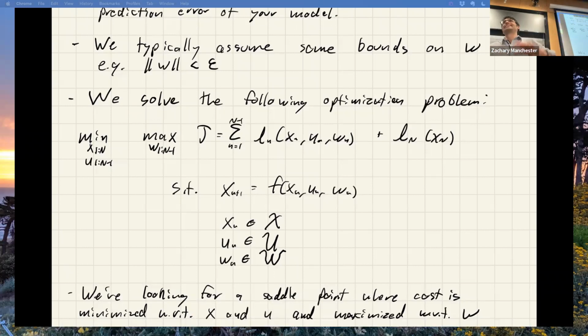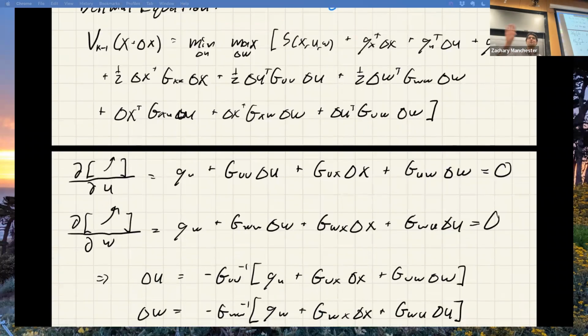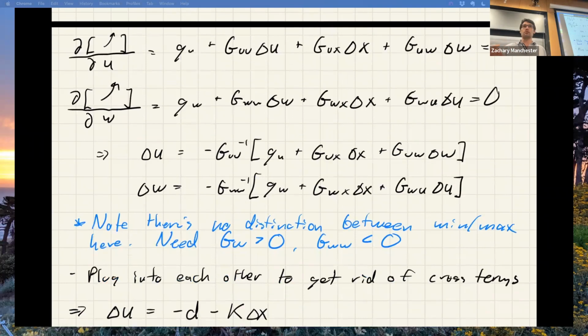So that was several weeks ago. If that's not clear, we should talk, but we're just doing the same trick again. We're doing the Riccati dynamic programming thing, but now on this Minimax version of the problem. And I'm basically just showing you the delta from classic DDP to this Minimax robust case. Basically what happens is Minimax things show up when you do the action value stuff in the backward pass, but otherwise it looks extremely similar.